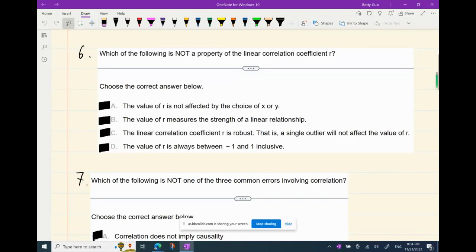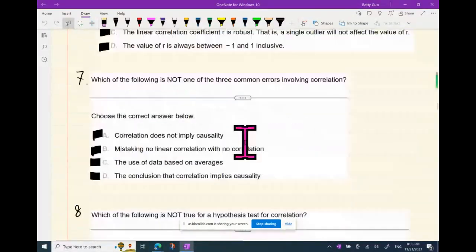So again, guys, for this question we choose C, as in cat. Number 6, we choose C.